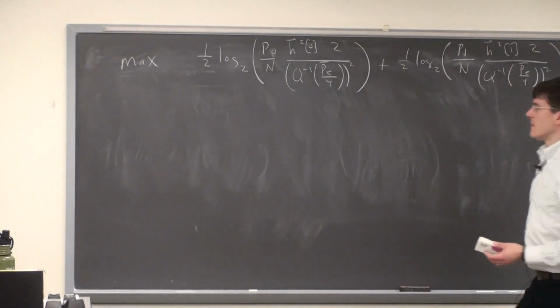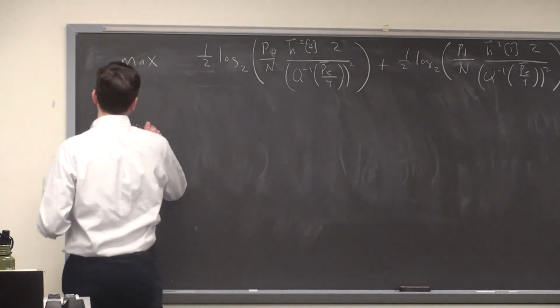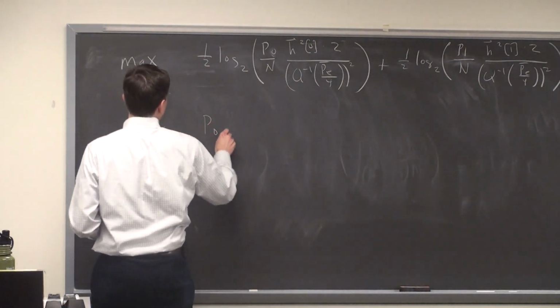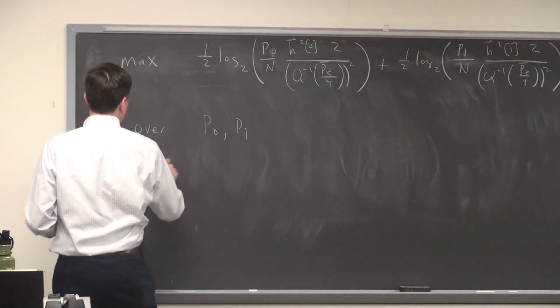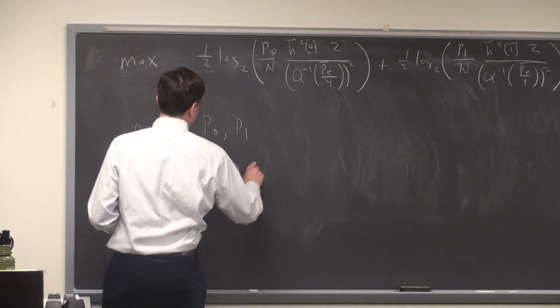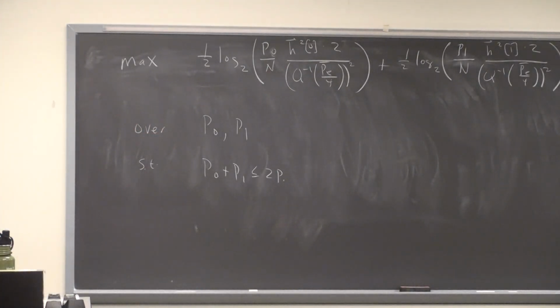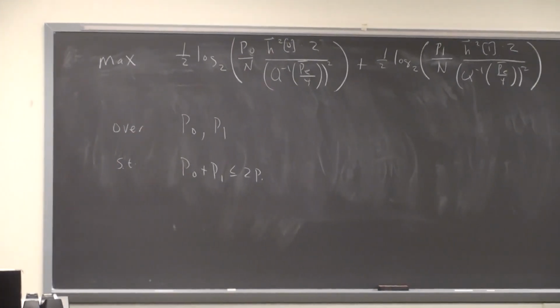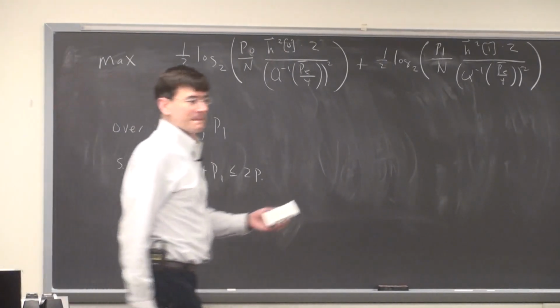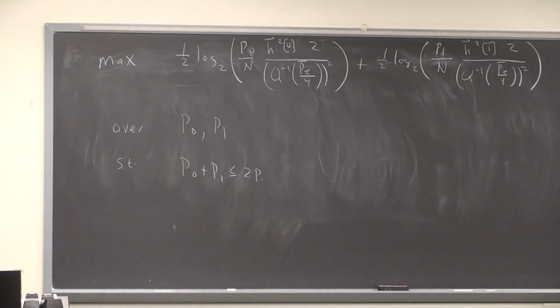Trying to maximize that sum over just p0 and p1 now. Those are the only variables left. Subject to the constraint that the sum is at most 2p. Okay?